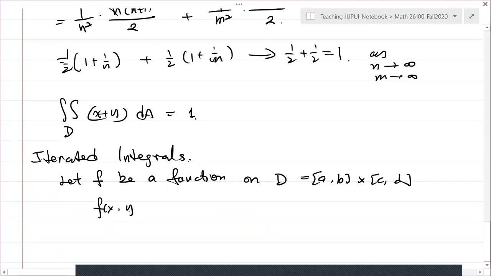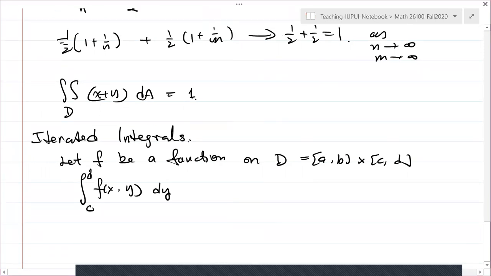If you fix x, you get a function in one variable, so you can integrate from c to d with respect to y. Then this is going to be a function of x.